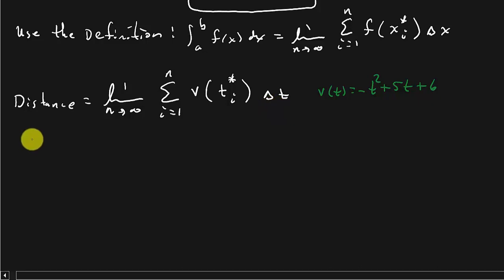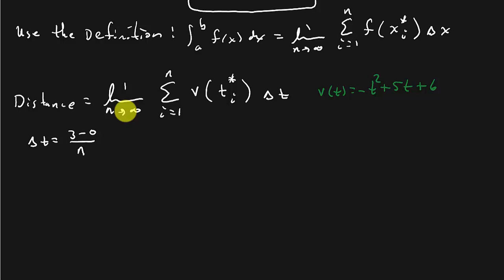So we've got delta t is 3 minus 0, because it's from time t equals 0 to t equals 3, over, now how many intervals are we going to have? n, where n is going to infinity. You see that? n's going to infinity. Oh, look at that. We're going to have an infinite number of rectangles. That's going to give us the exact area there.